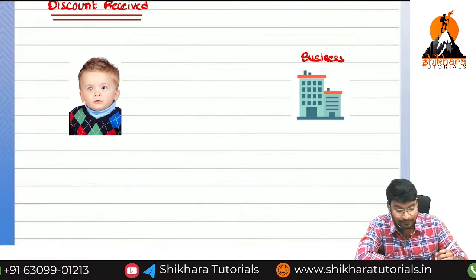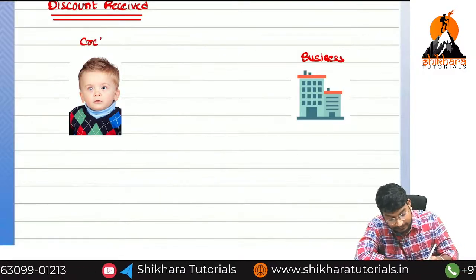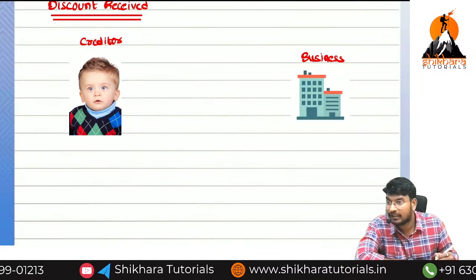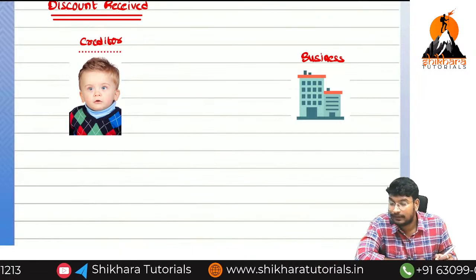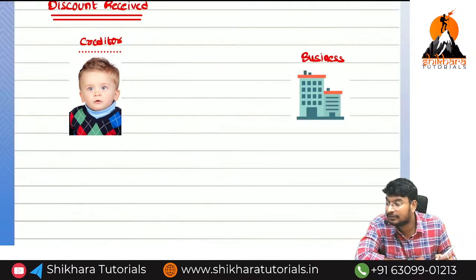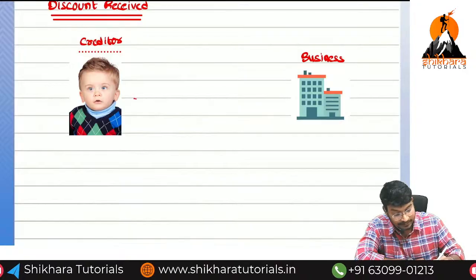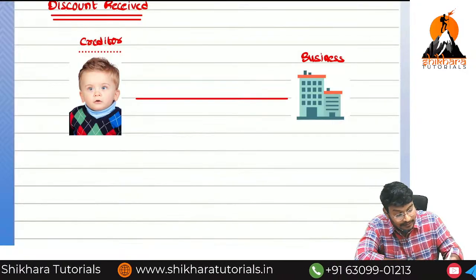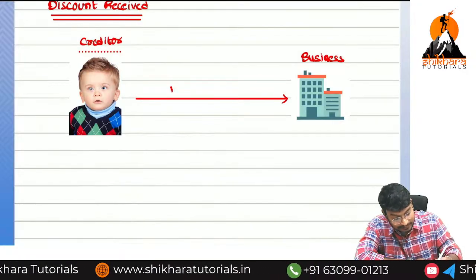This small boy is called the creditor. In which situation do we call it a creditor? Purchase or sale? Purchase. Which type of purchases? Credit purchases. Now what are we doing? We are purchasing the goods on credit basis.